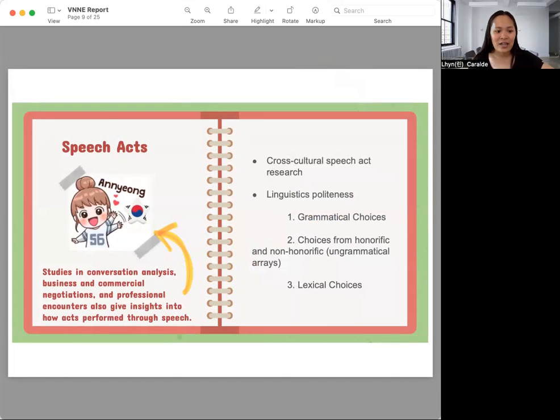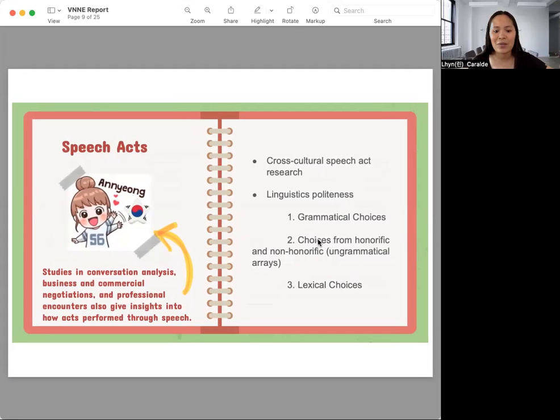When we are talking, how do we act, or how do we speak to the people in front of us, or how do we communicate to the people based on the standards or different varieties of people. So the first one, we have the cross-cultural speech act research, then linguistic politeness.